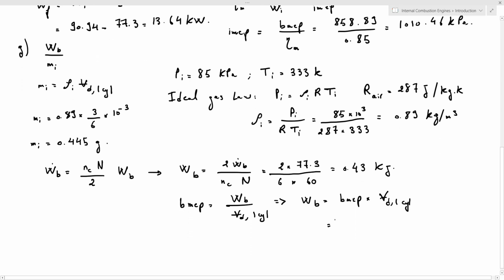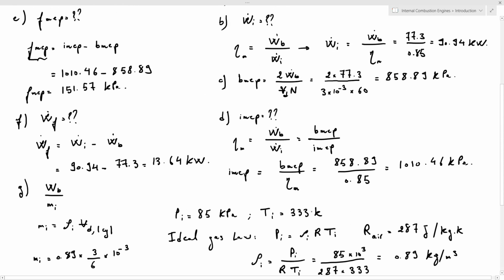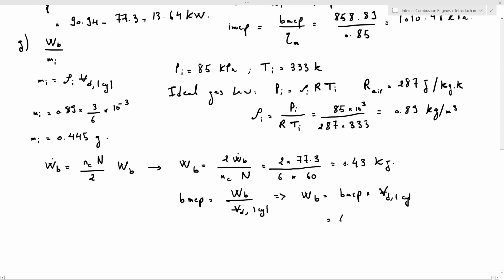So the brake mean effective pressure calculated earlier is 858.89. So 858.89 multiplied by the displacement volume of one cylinder, which is 3 divided by 6 multiplied by 10 to power minus 3. So also you'll obtain the brake work equal to 0.43 kilojoule.